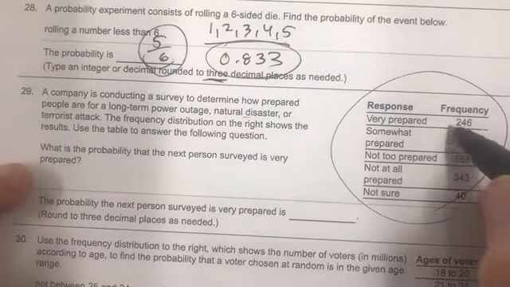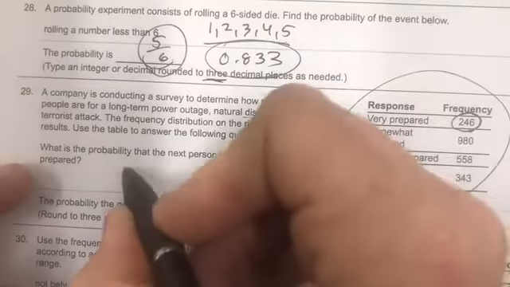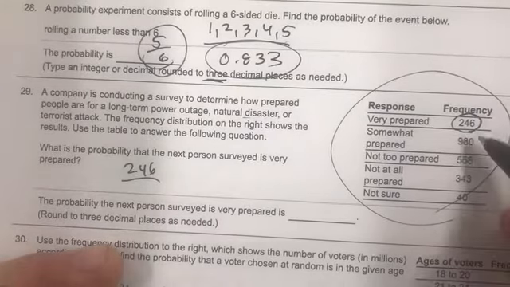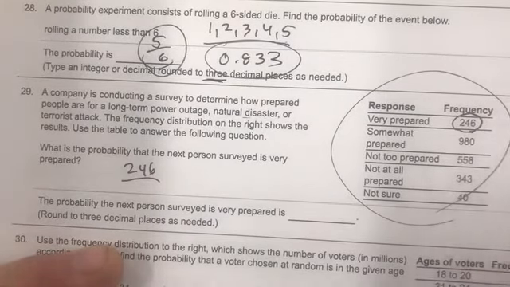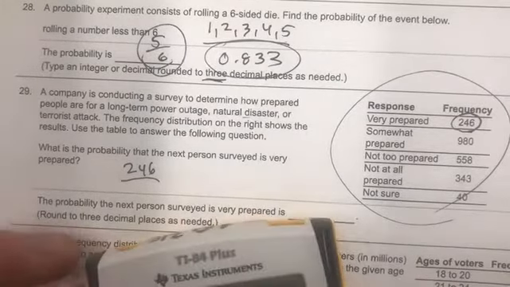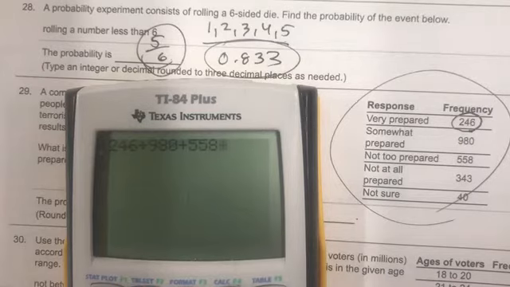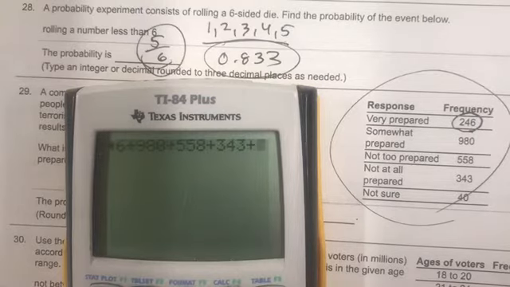All right, there's 246 very prepared. That's what's desired. Out of the total, we add all these up. So let me add them. 246 plus 980 plus 558 plus 343 plus 40.